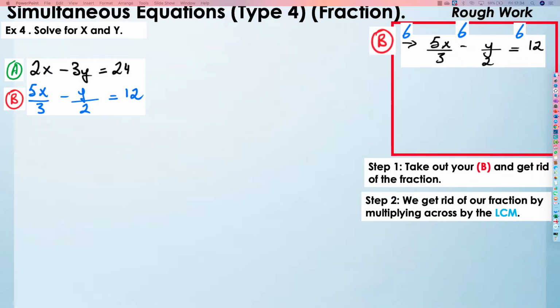Multiply across by 6. 2 by 5x minus 3 by y is 72.